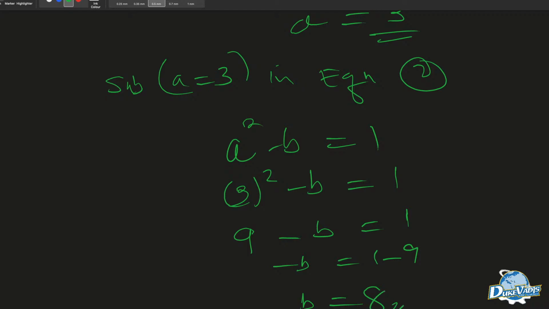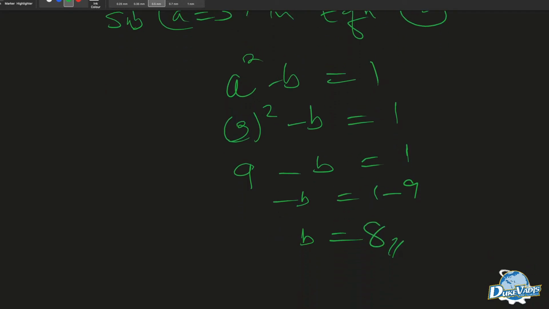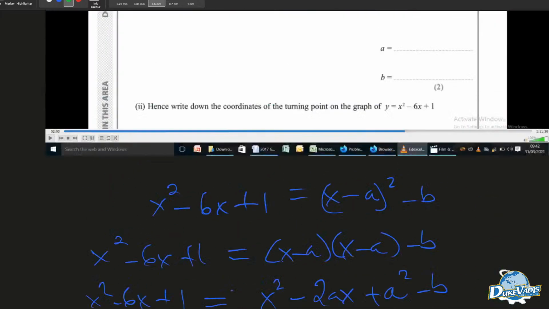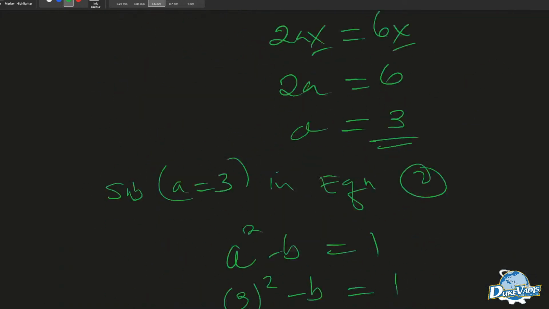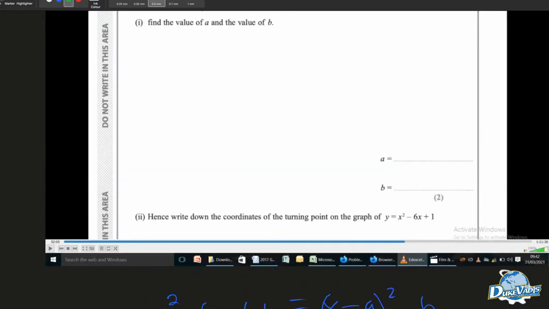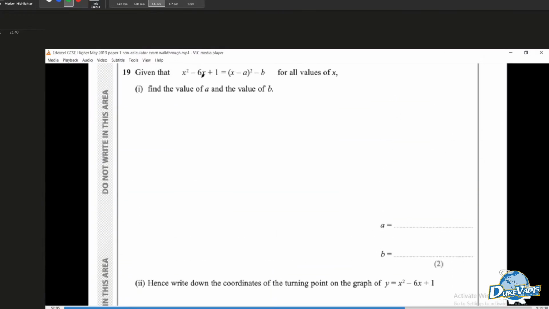So now we know the values of a and b. That's what we were demanding. Then the last part says, hence write down the coordinates of the turning point of the graph. So now all we have to do is substitute back the values.